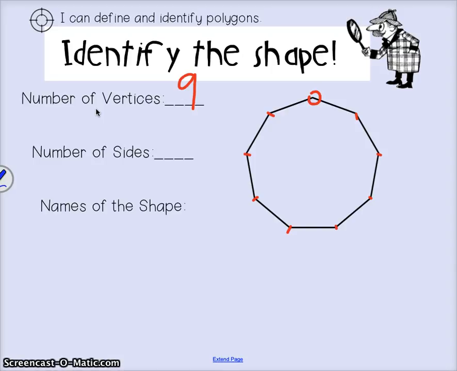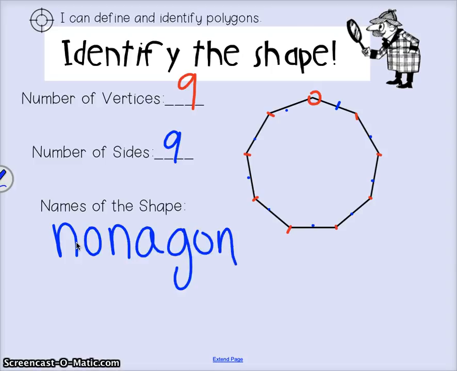What about the number of sides? 9 sides, 9 vertices. What is the name? All right, third graders, what is the name of this shape? Go ahead and think. That's right, it is a nonagon. Let's keep going.